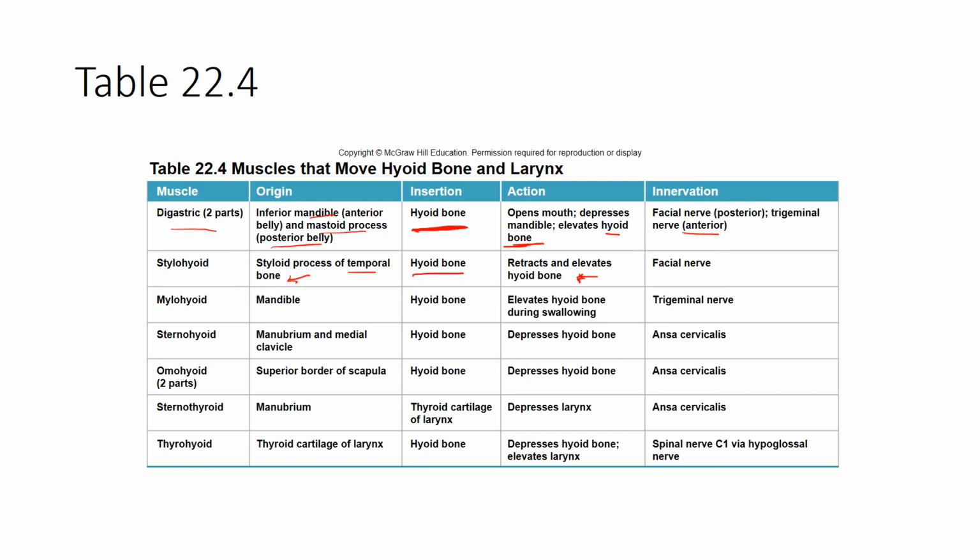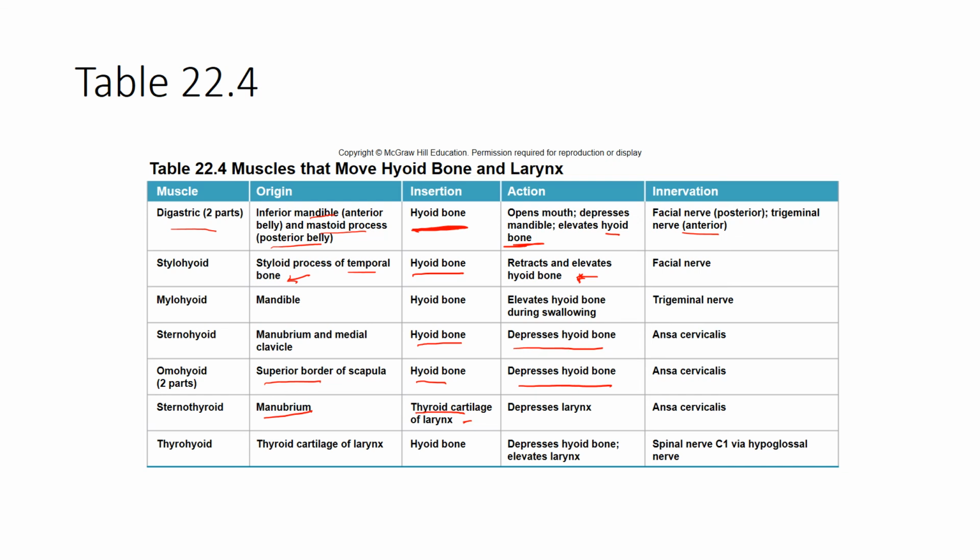Sternohyoid origin will be the manubrium and medial clavicle, and the insertion will be the hyoid bone. It depresses the hyoid bone. Omohyoid, the two parts, origin the superior border of the scapula, and the insertion will be the hyoid bone, and it depresses the hyoid bone again. Sternothyroid, origin will be the manubrium, and the insertion the thyroid cartilage of the larynx. This is the only exception here.